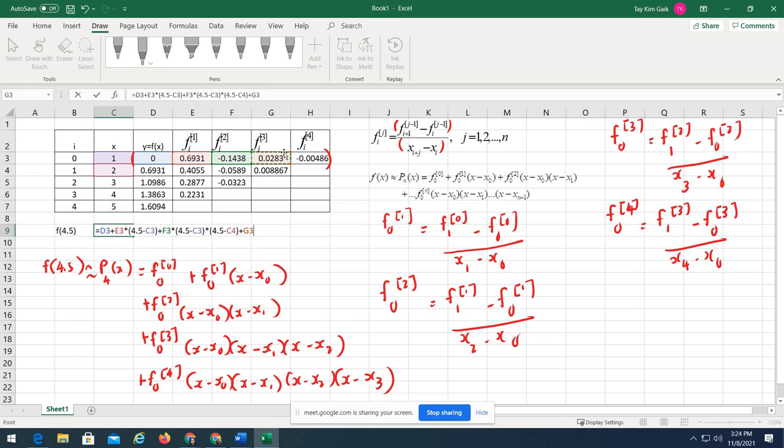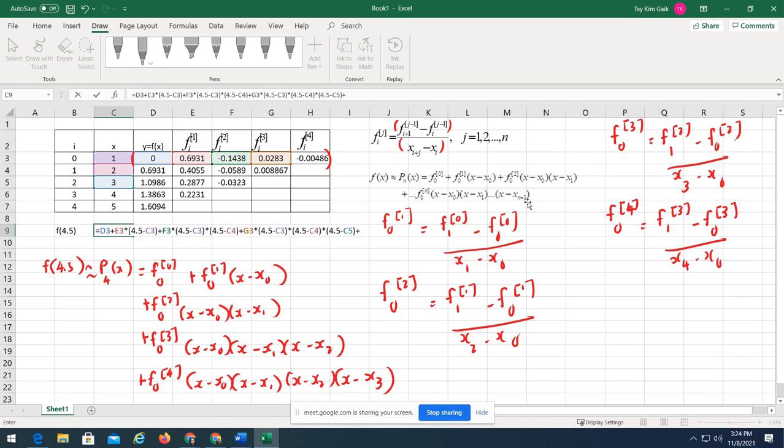Each time we click, you see that cell is highlighted. Multiply. If you're too lazy to retype, you may copy, because on a computer you can copy. Control C. So for the third level, I need to multiply one more term: 4.5 minus, this is X node, X1, so multiply by X2.